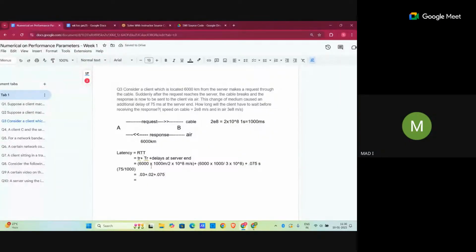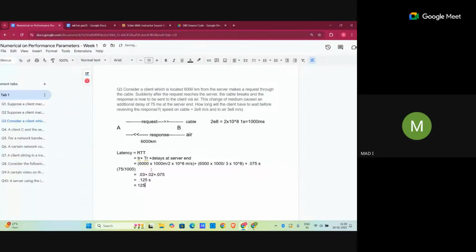So this will be equal to 0.125 seconds. Now, if you want to calculate this in milliseconds, this will be equal to 125 milliseconds.